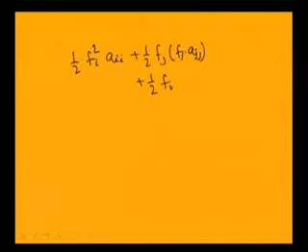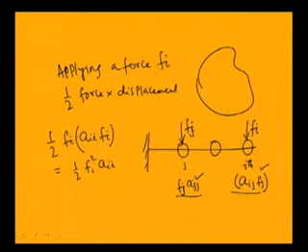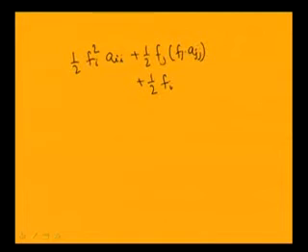So, already a force Fi is acting at this position and this point is undergoing a displacement of Aij into Fj. So, due to that force the work done will be Fi into Fj Aij, force Fj into Aij.